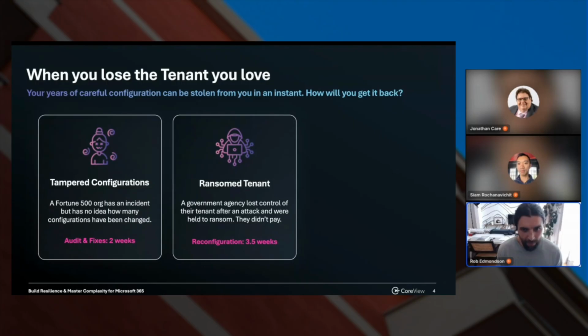This government organization said they weren't going to do it. And we ended up speaking with them. The problem is, if you don't give the cyber criminals the money, you no longer have a tenant. So here's a question that every organization should be able to answer. It's a great question for you to take back to your teams. How long would it take us to reconfigure and rebuild a tenant if we were locked out of ours? Because this does happen to people.